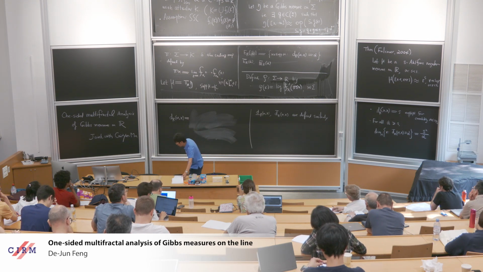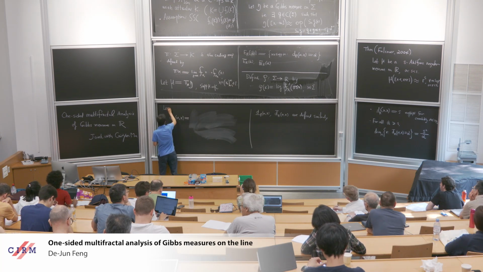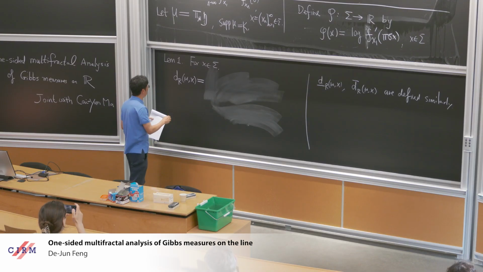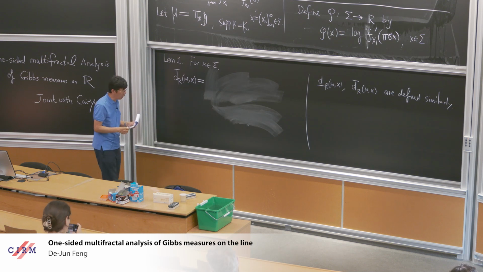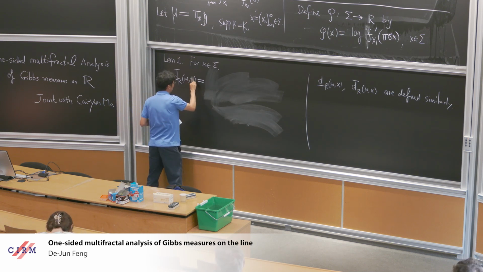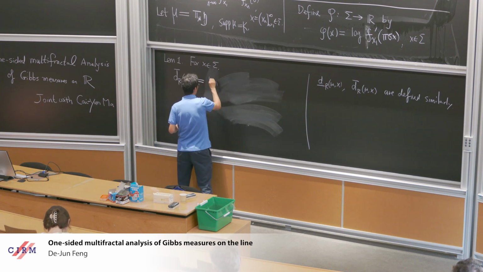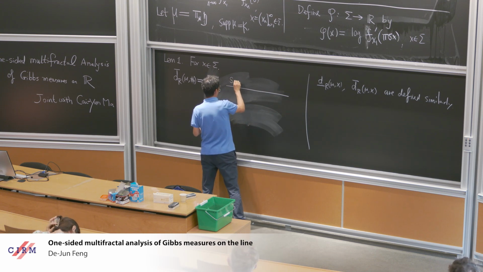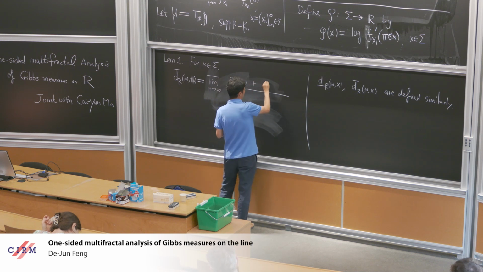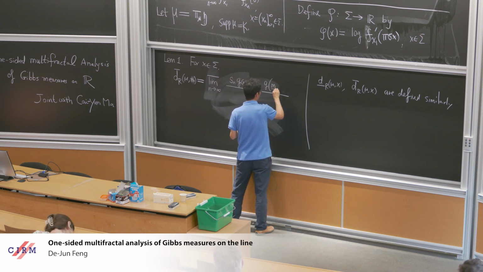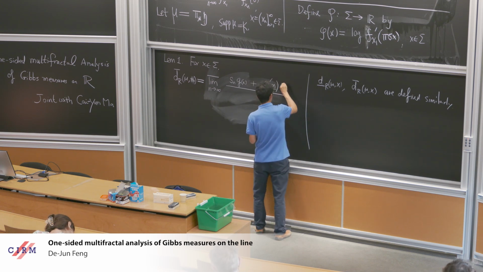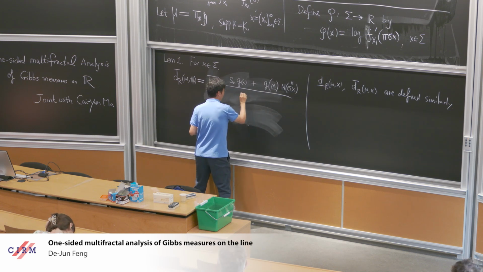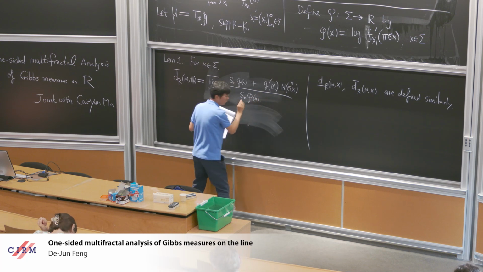The first lemma says: for any point x in the symbolic space, the upper local dimension of mu at pi(x) is given by the upper limit as n tends to infinity of the Birkhoff sum S_n g(x) plus g at the special point m-infinity times N(sigma^n x), divided by S_n phi(x).